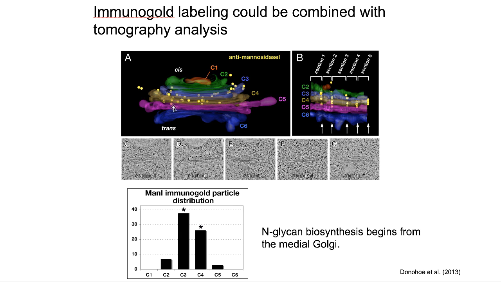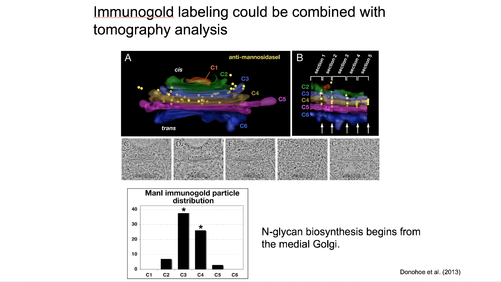When we count the number of gold particles associated with each cisterna, we found that most of the gold particles are associated with C3 and C4, indicating that the epitope of mannosidase 1 is mostly located in C3 and C4, which is medial Golgi. And this is a 90-degree rotation of the same model, and the gold particles are aligned in certain locations.